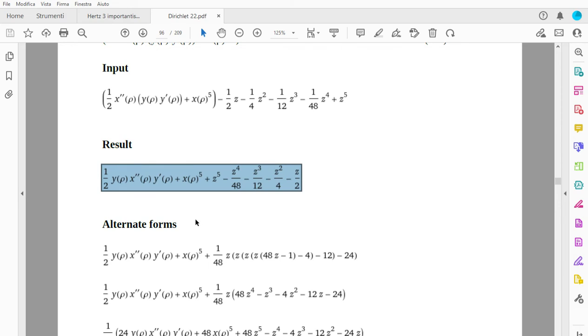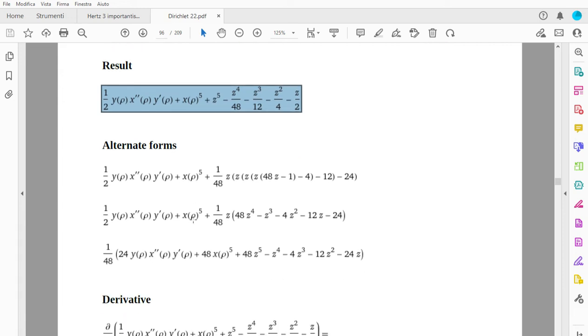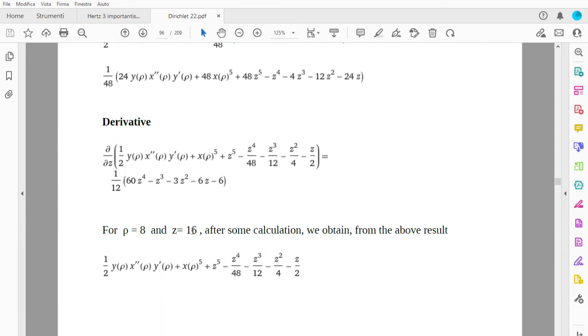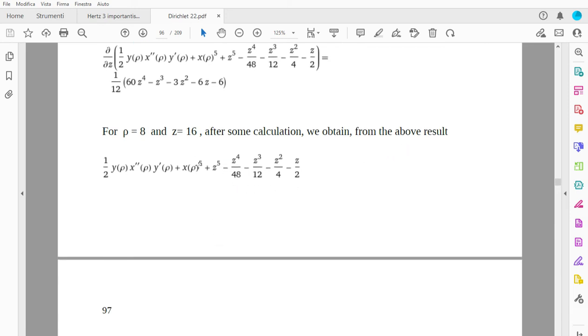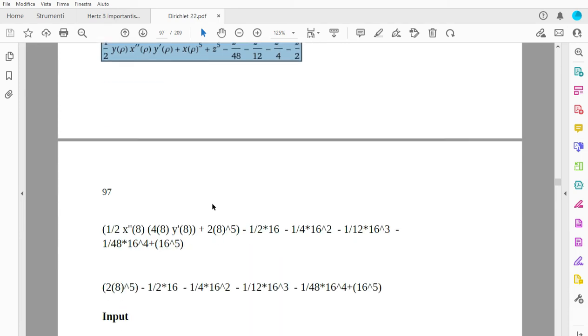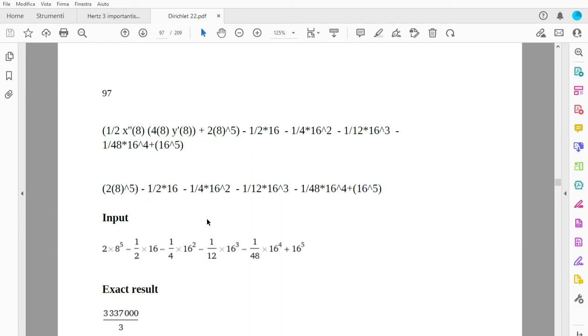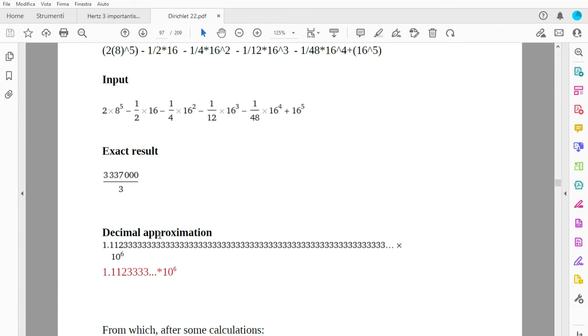This is, choose the alternate forms, derivative. Now for rho equal to 8 and zeta equal to 16, after some calculation we obtain from the above result, that is the following. We obtain this exact result, that is this value.